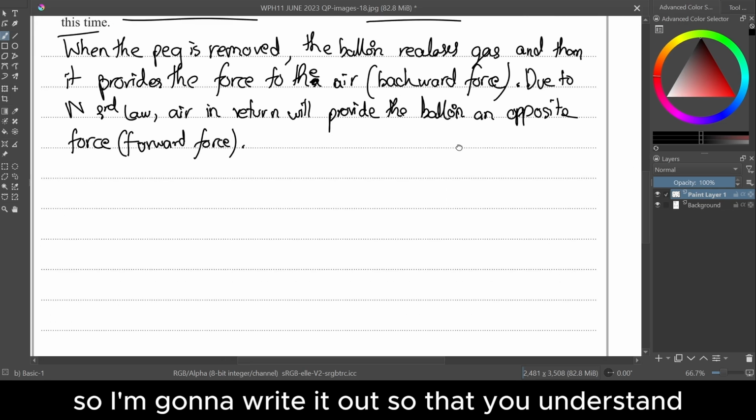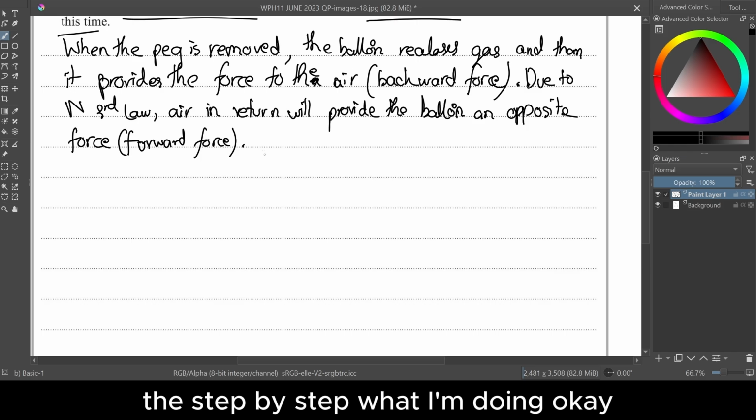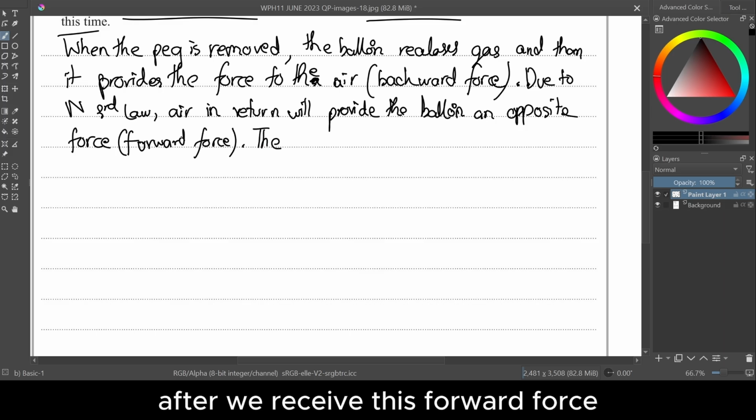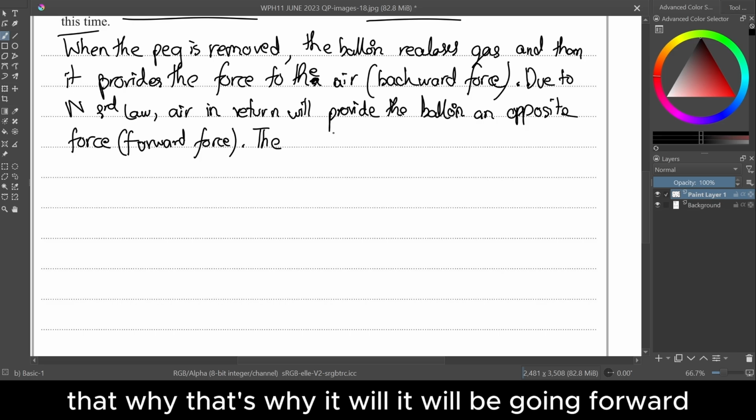So I'm going to write it out so that you understand step by step what I'm doing. After we receive this forward force, it will be greater than the resistive force. That's why it will be going forward.